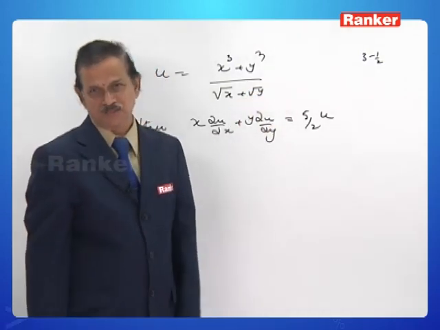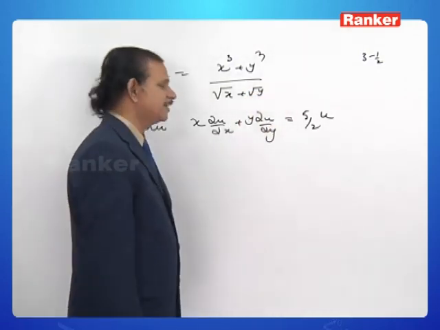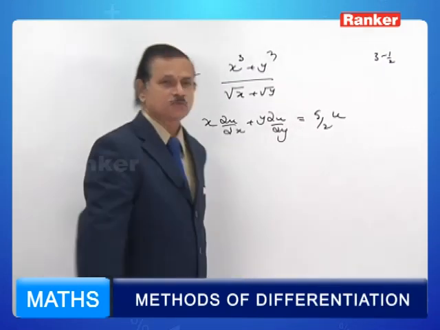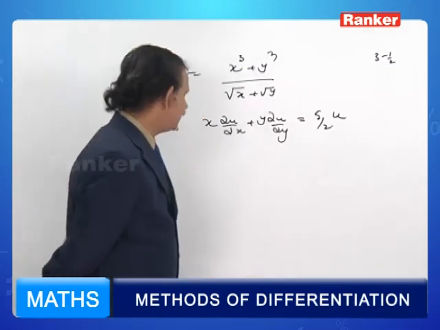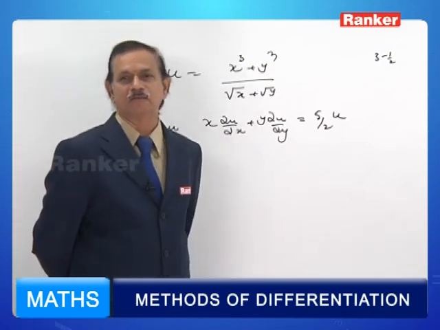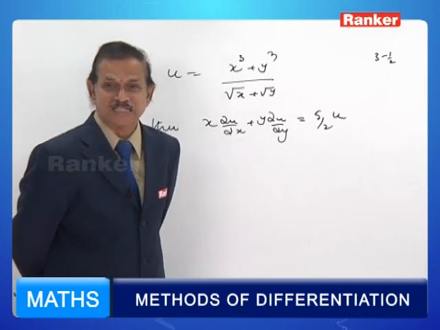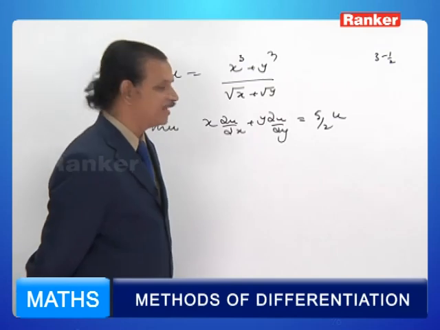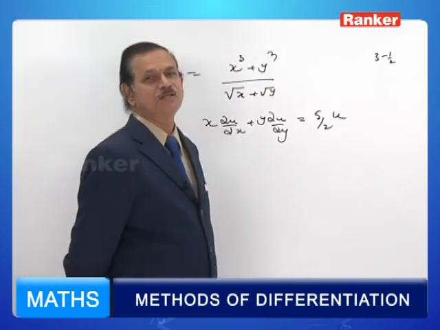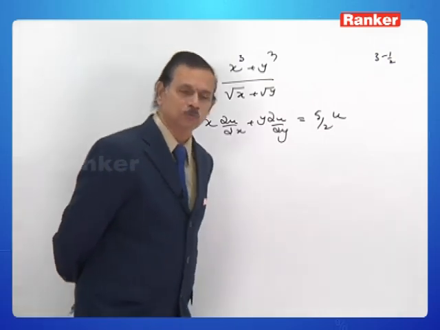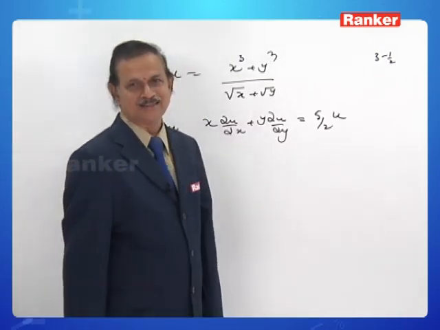Similarly, x square dou square u by dou x square plus y square dou square u by dou y square plus 2xy dou square u by dou x dou y is n into n minus 1 into u, that is 5 by 2 into 5 by 2 minus 1, which is 3 by 2, so 5 by 2 into 3 by 2 is 15 by 4 into u.